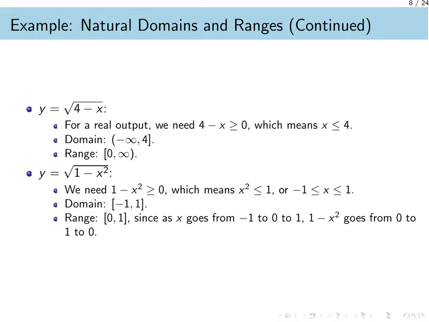As x moves from -1 to +1, the output value starts at 0, rises to a maximum of 1, and returns to 0, making the range the closed interval from 0 to 1. Remember, the domain is the set of valid inputs, not the set of outputs. To find the natural domain of a square root function, simply set the expression inside the root to be greater than or equal to 0 and solve.